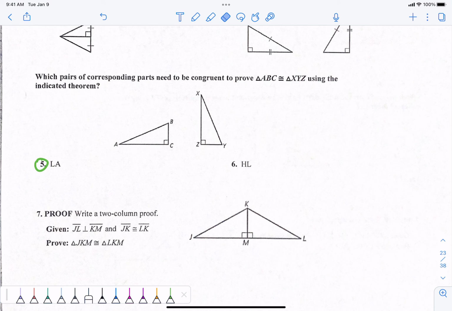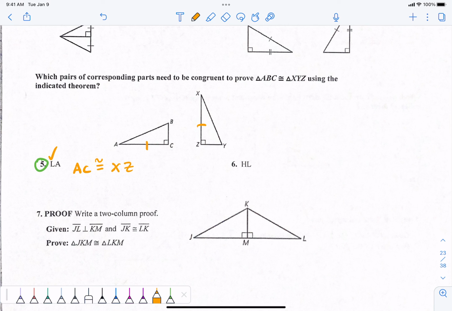Okay, so what would I have to have in order for a leg angle to be established? Which leg do you want to pick on? The bottom one. Okay, so we would need to prove that AC is congruent to what? On the other one. XZ, right? AC would have to be the same as XZ. That checks off the leg.